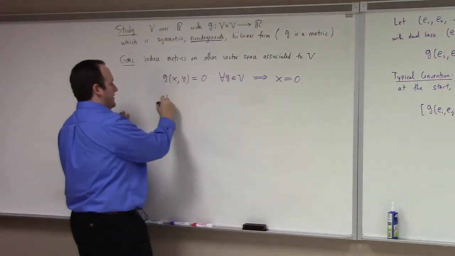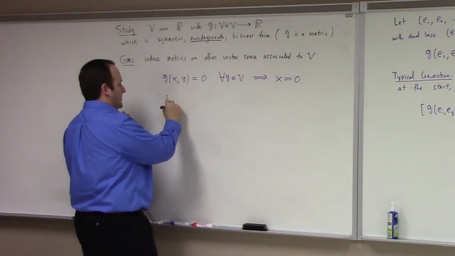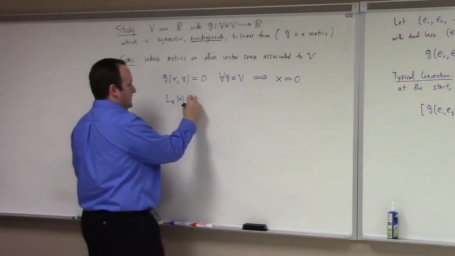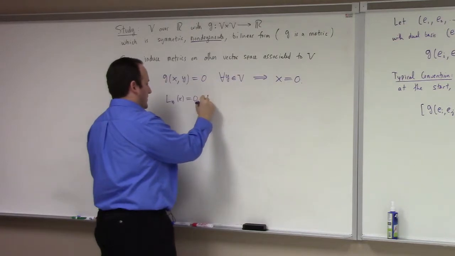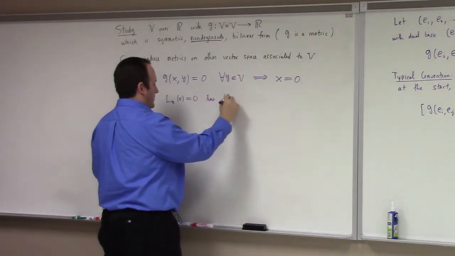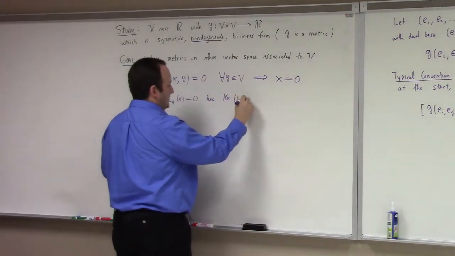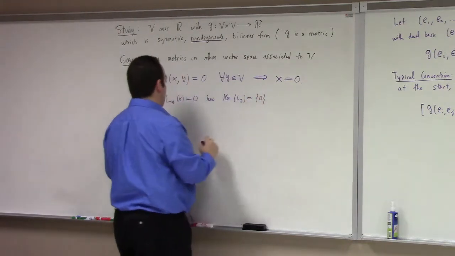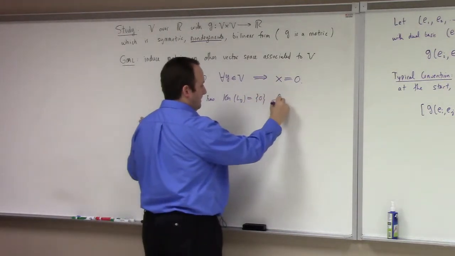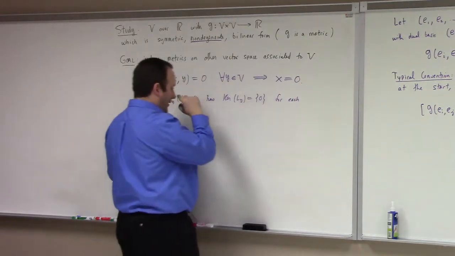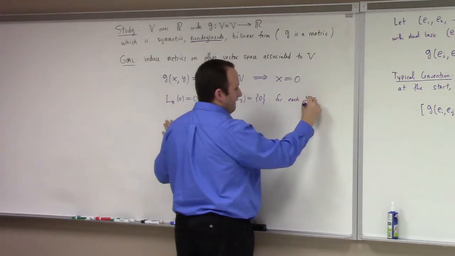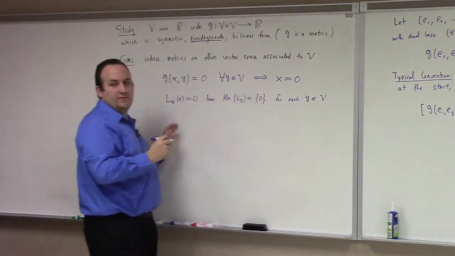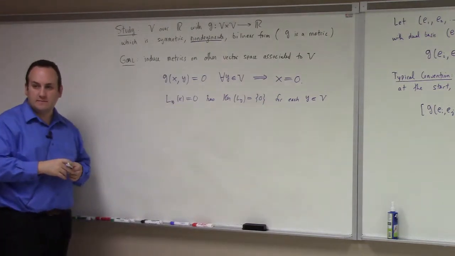Yes, you're right. So I should say L sub y of x is equal to 0. Has kernel of L_y equal to 0 for each y in V. That would be equivalent to the non-degeneracy, yeah.